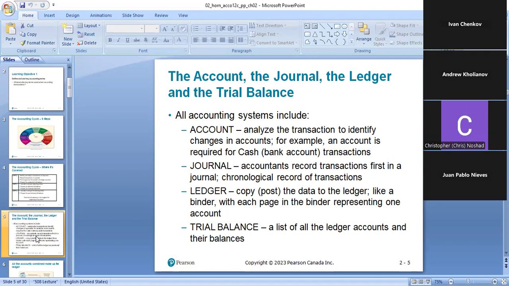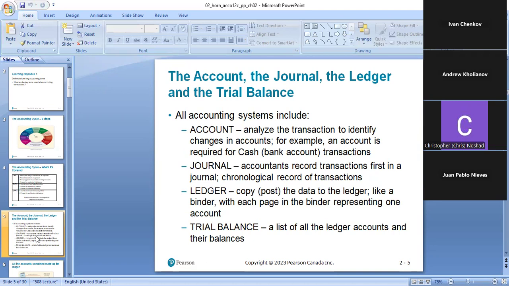The journal will be the sheet we have in every single drawer, on which we chronologically record everything that happened to that particular drawer. What's coming in, what's going out, what's coming in, what's going out. That will be recorded in chronological order, all the transactions.